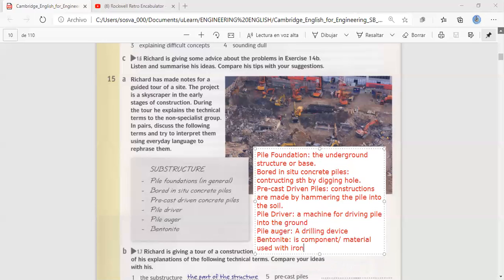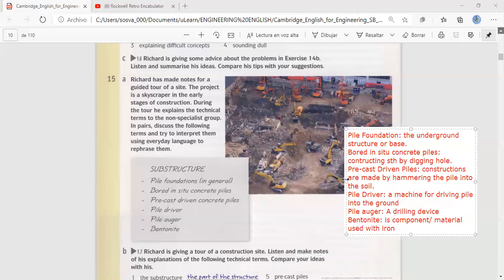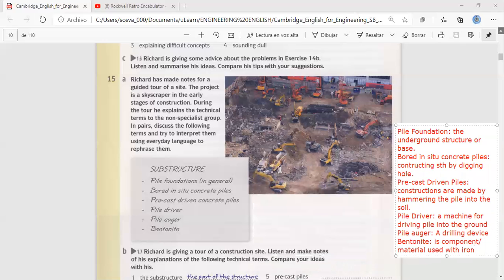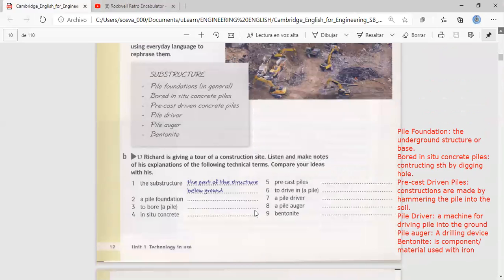Great. So, talking about these terms, let me upload this and put it in here, and let's go down to listen to Richard again. I want you to listen to Richard giving the tour. He's going to explain what we just explained.